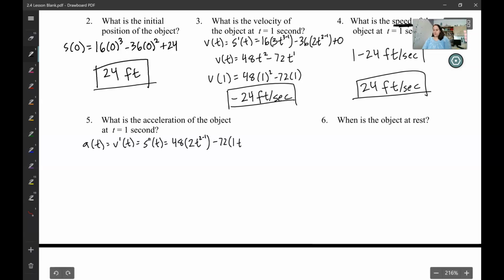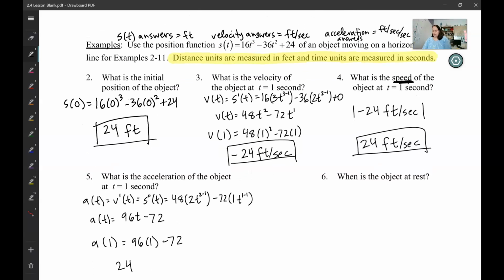So the 1 goes in front, and then I minus 1. So my acceleration equation should be 96t minus 72. And this is saying what is the acceleration at t equals 1. So that's basically a of 1. So 96 times 1 minus 72 is going to give you 24. And this is acceleration. So my units for acceleration will be feet per second squared.